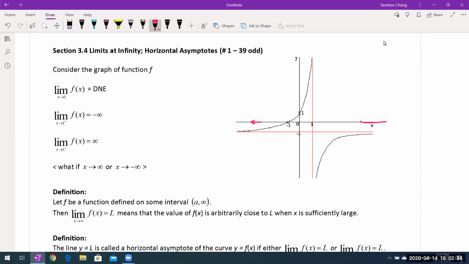Which means closer to this limit L when x is sufficiently large, or sufficiently small. So before I move any further, are there any questions?